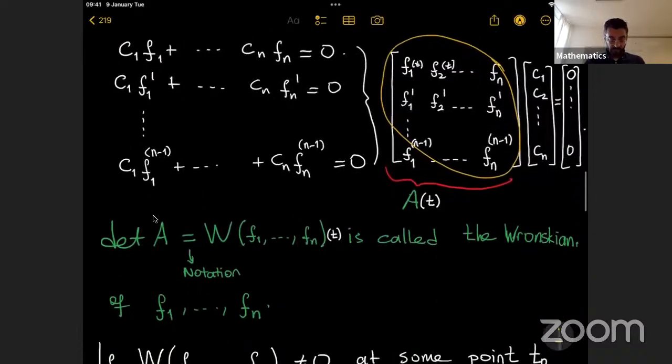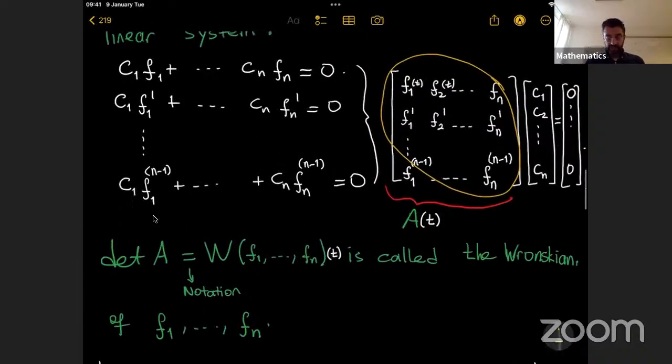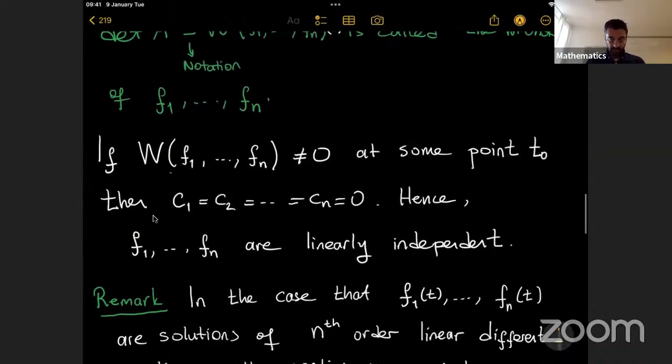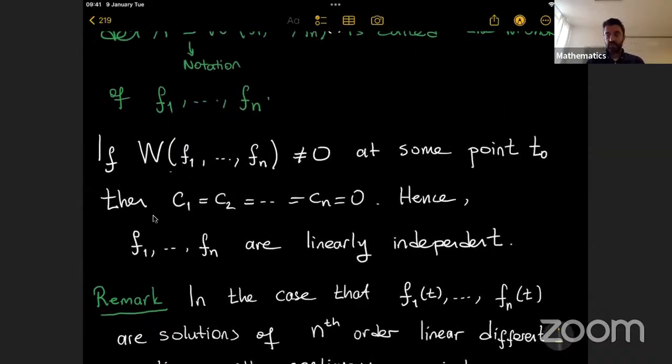The Wronskian is the determinant of this matrix. If the Wronskian is not zero, then C1, C2, Cn must all be zero. That means the system is linearly independent. So if the Wronskian is non-zero even at some point, then you have linearly independent functions.